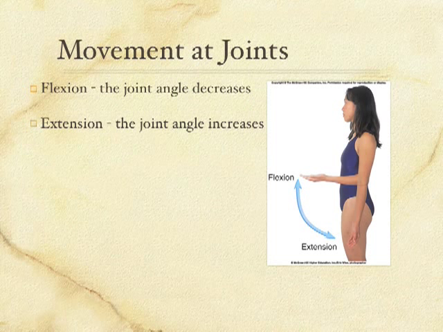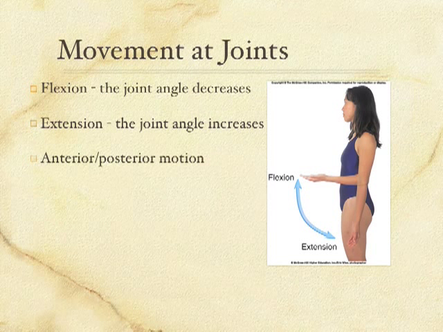Now, another thing to notice about flexion and extension is that these are anterior and posterior motions. Because if we're going to describe these motions technically, we want to use the anatomical position. You can put body parts in all sorts of funny angles, and you can do flexing and extending.